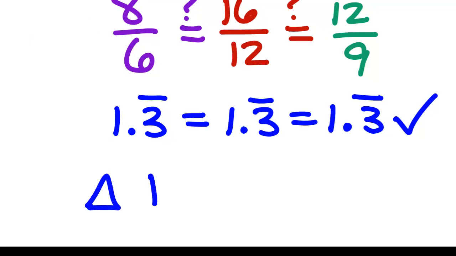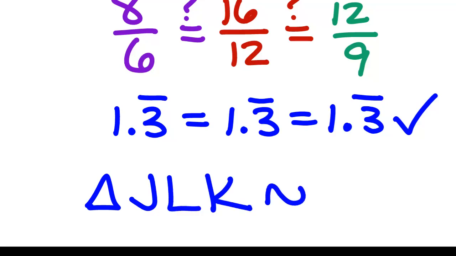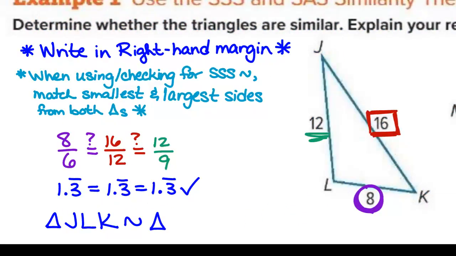Triangle, let's call this first one JLK, is similar to, when we're doing side, side, side, it can be a little bit hard to write these similarity statements. But I do notice on this larger triangle that angle J is across from my smallest side.